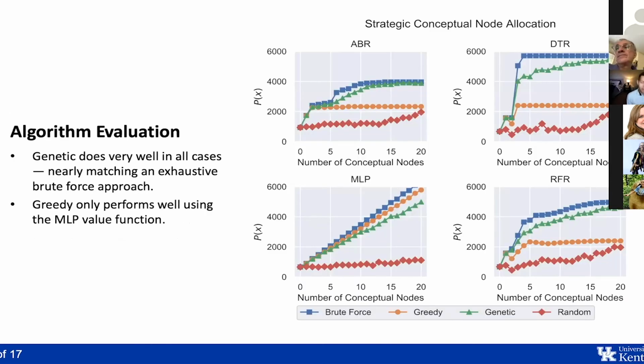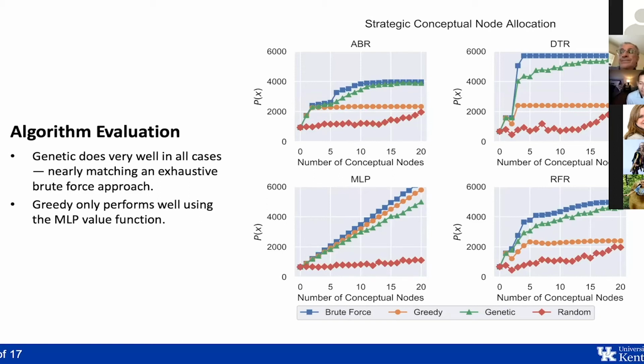Next, we wanted to evaluate the performance of the algorithms in terms of coming up with conceptual node combinations that maximize expected click-through rates. And what we find is that in all cases, the genetic algorithm does close to optimal. The greedy algorithm does not, except in the case of the multi-layer perceptron neural network regressor.